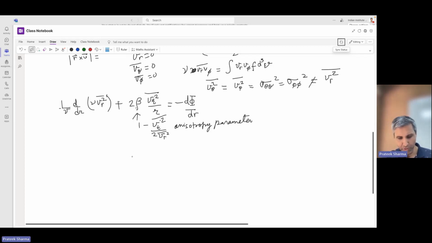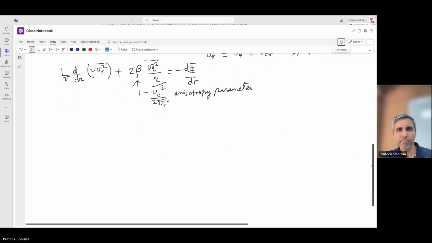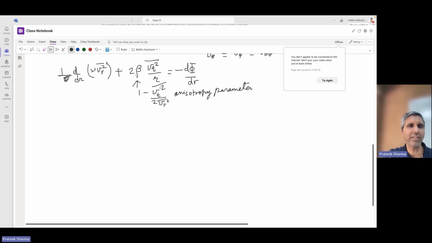So we can actually do some further manipulations. Here it was just number density in real space, but we might as well convert into mass density. If we assume all stars are the same mass, it's a trivial conversion, and this becomes rho in that case.